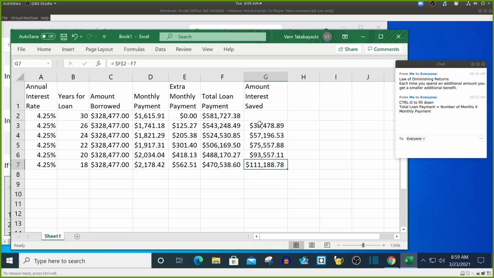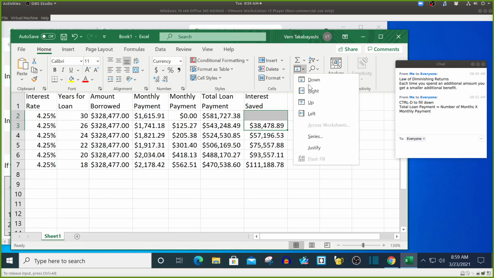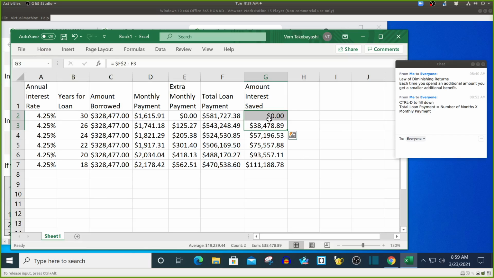Also, if I fill this up, then I'll get that formula that was shown in the handout for how to start off the amount of interest saved. But if you do it the way we just did, it's actually a little easier to understand how these numbers are coming about.